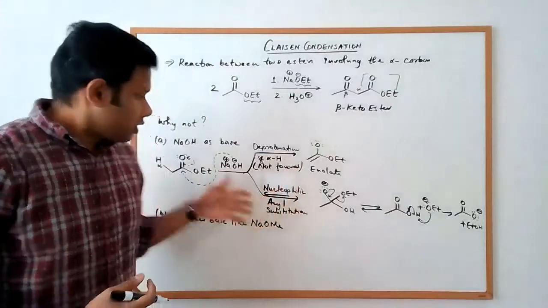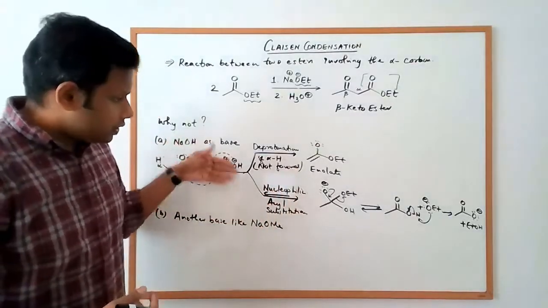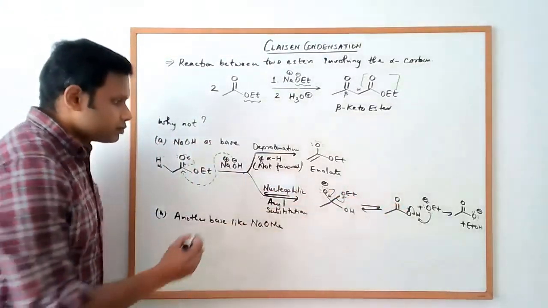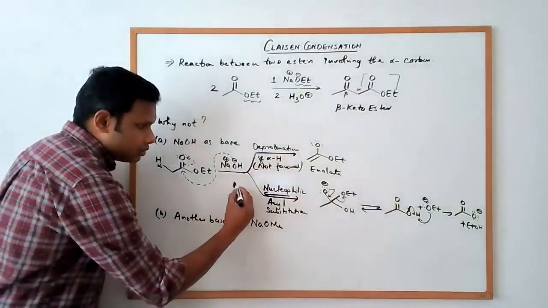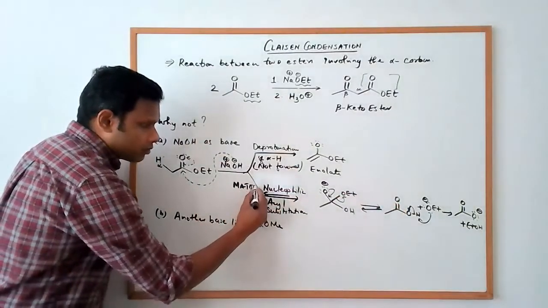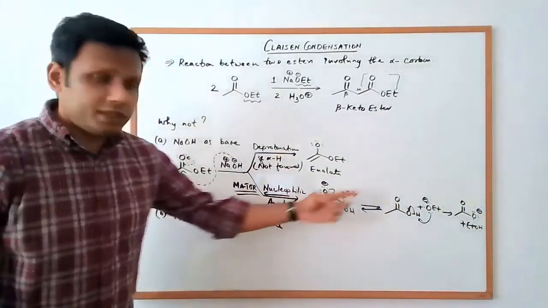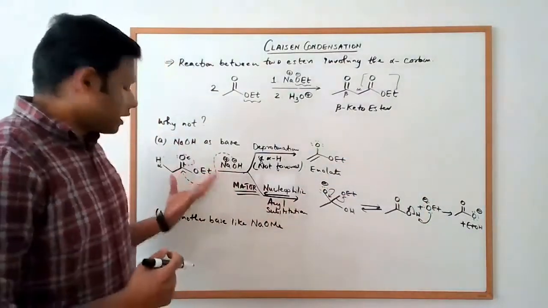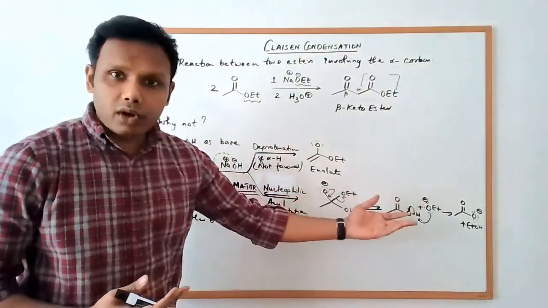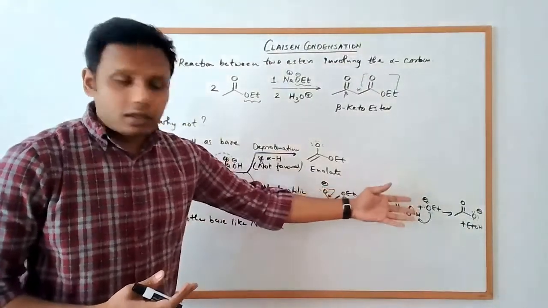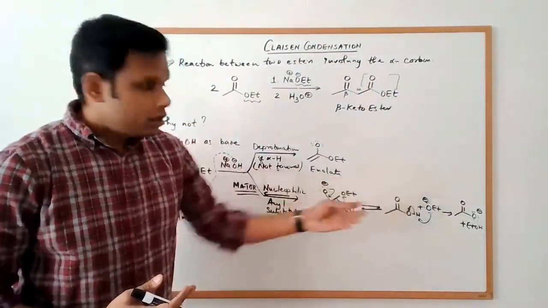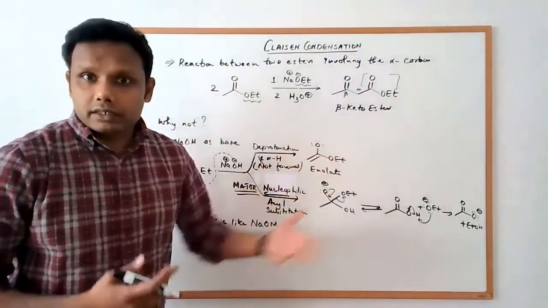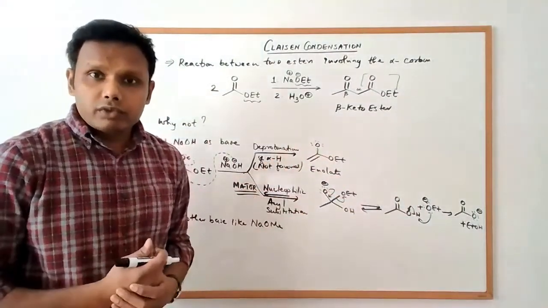And so the major process is going to be this nucleophilic substitution. This is going to be the major pathway here, which gives us an unwanted reaction. So we don't have the ester anymore. We've made the carboxylate, and that may not undergo your required Claisen reaction. So that's what happens when we use sodium hydroxide.